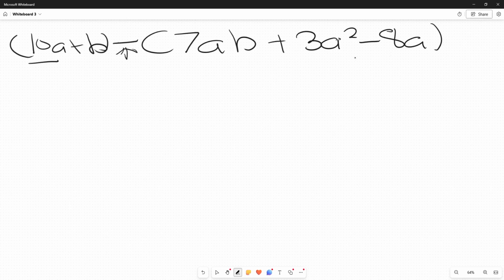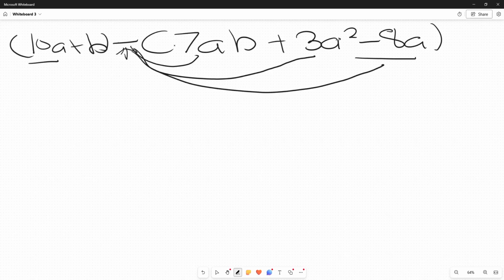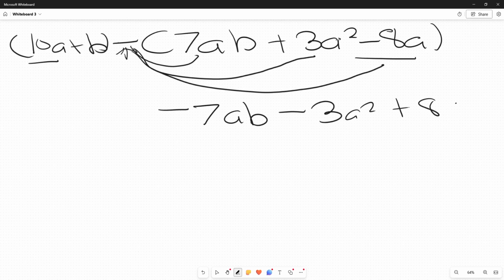We are given 10a and negative 8a. Those are similar terms, but we are given a negative. So since we are given a negative, we need to distribute this sign to all of the terms. So the output would be negative 7ab, negative 3a squared, and positive 8a.